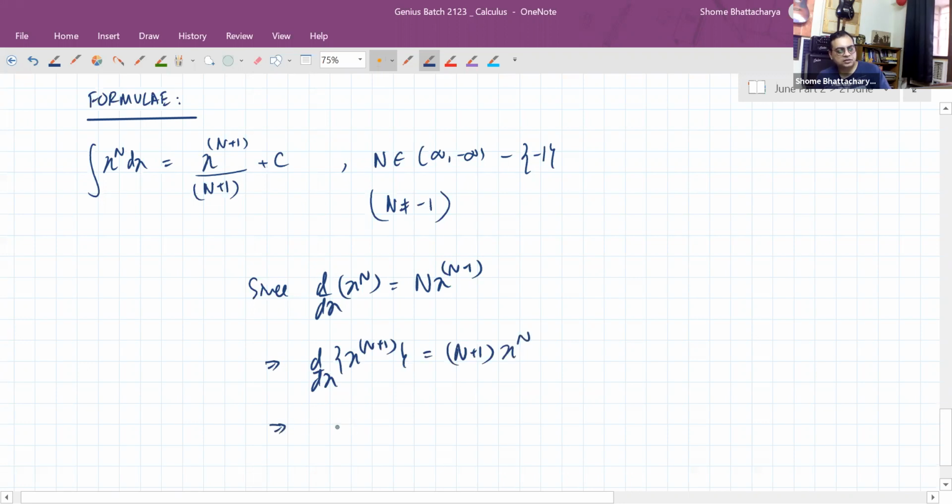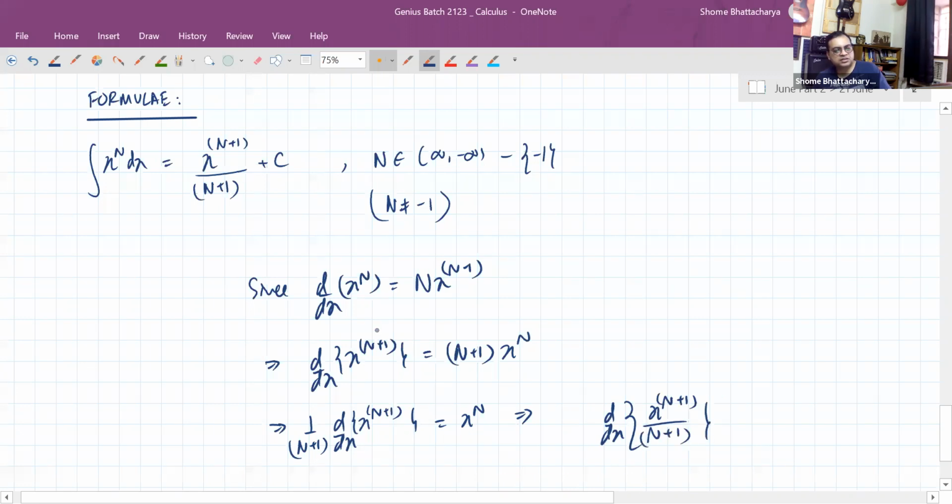So that means differentiation of x to the power n plus 1 divided by n plus 1 is x to the power n. There is no separate proof needed for this, because this just comes from this. This fundamental formula of differentiation is actually the reason why we have this fundamental formula.